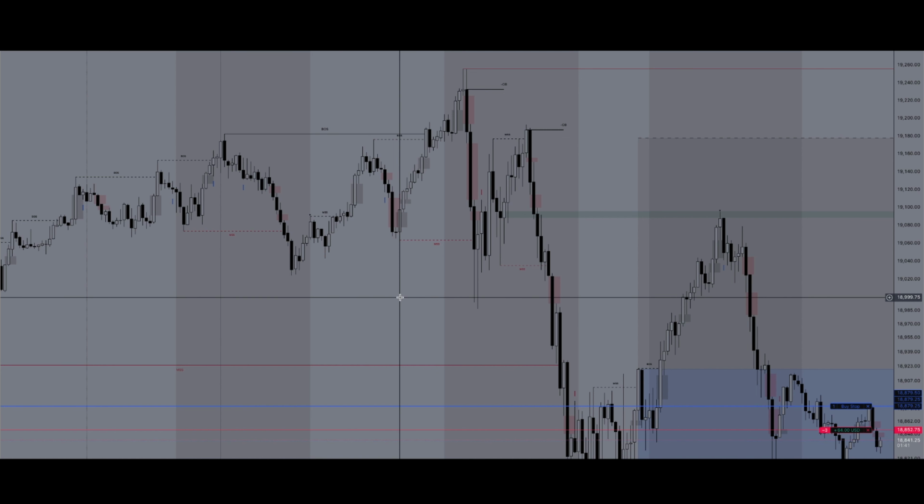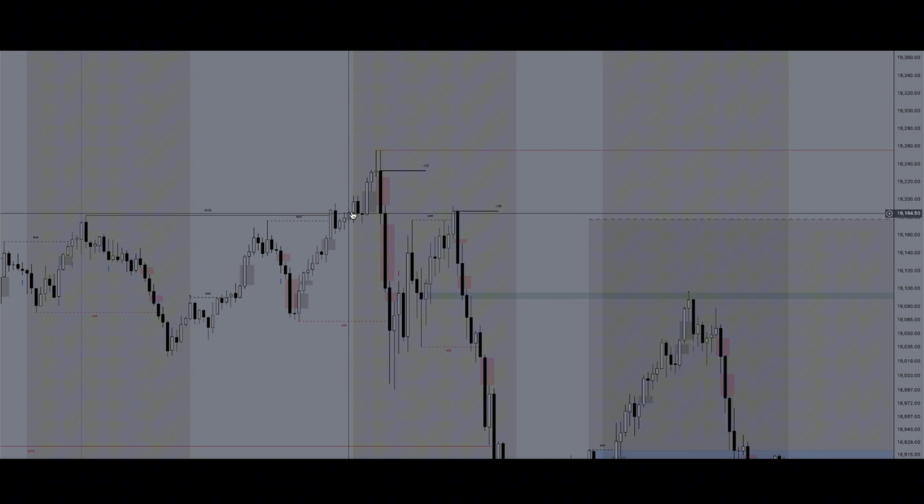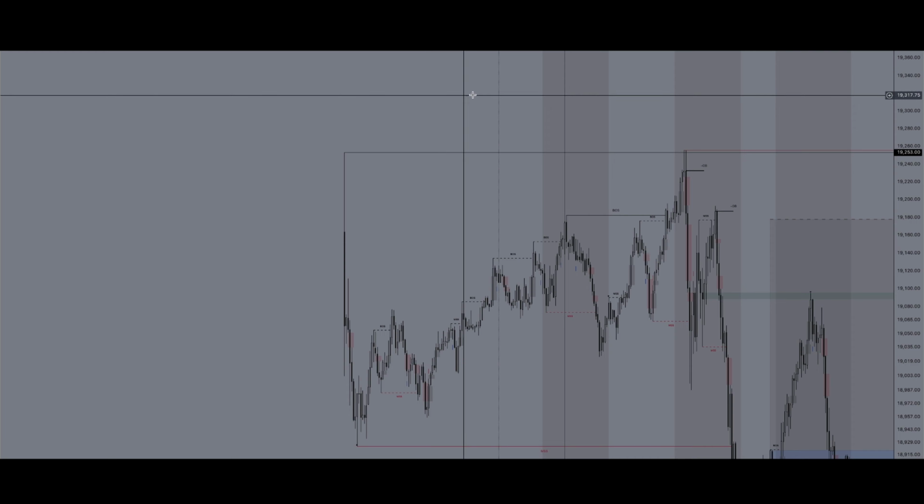So it actually gets swept at around 8:30, 8:35. Here's the 8:30, 8:35, and 8:40. So at 8:40, we sweep that high, giving a little reaction, and then we start to climb up to take this high here.